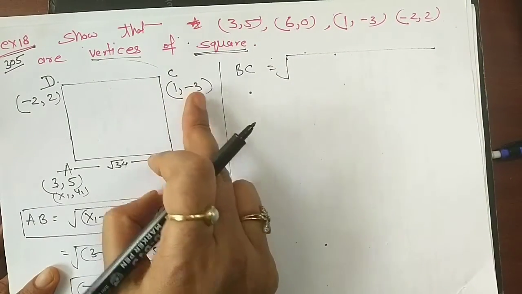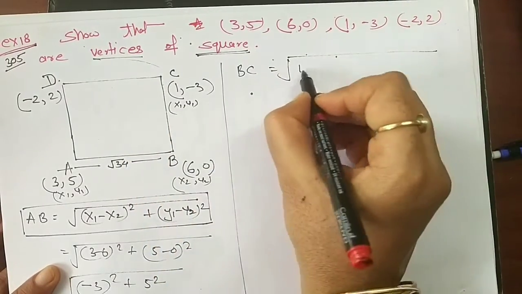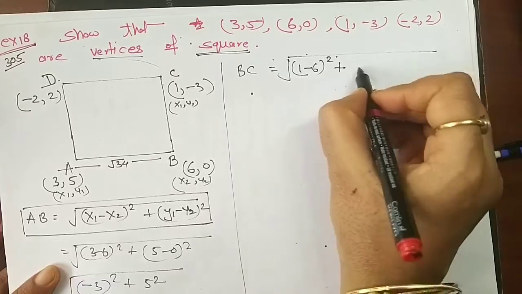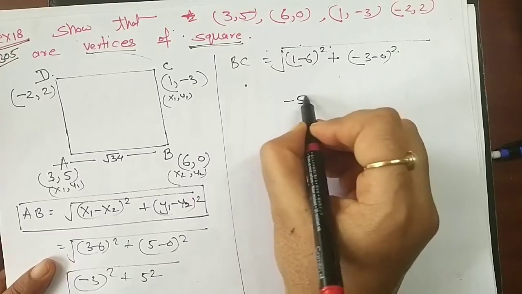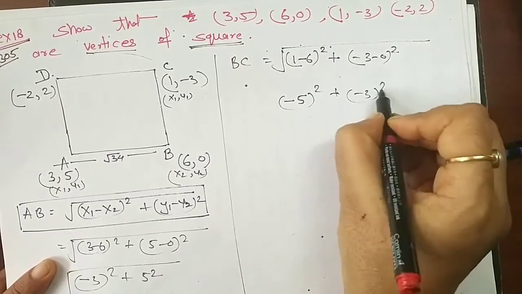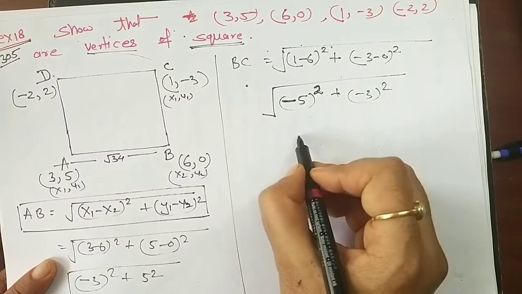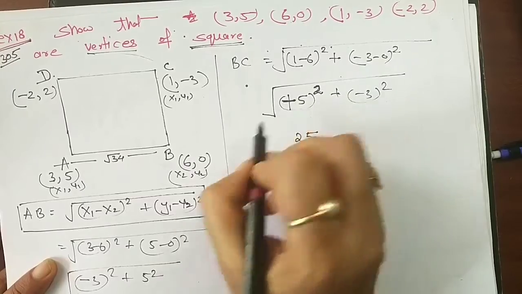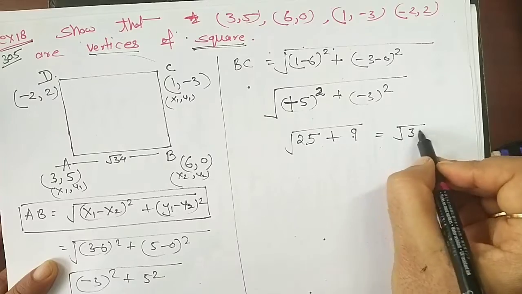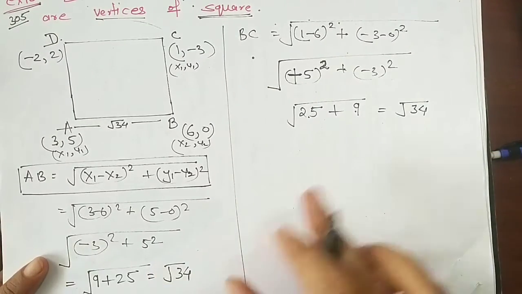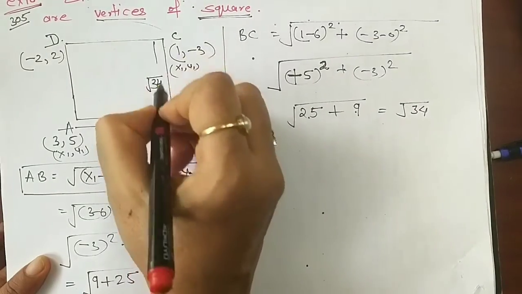Suppose this is x1 y1, this is x2 y2. तो (1 माइनस 6) आई एम राइटिंग डायरेक्टली. आपको चाहिए तो आप फॉर्मूला लिख सकते हैं. ठीक है, ये मिला आपको. व्हाट इज 1 माइनस 6? माइनस 5 स्क्वायर, माइनस 3 स्क्वायर अंडर रूट. जब आप माइनस नंबर का स्क्वायर करते हैं तो क्या मिलेगा आपको? प्लस. 25 प्लस 9 इज रूट 34. तो सेम ही मिला आपको जो यहाँ मिला था. सो आई एम राइटिंग BC रूट 34.